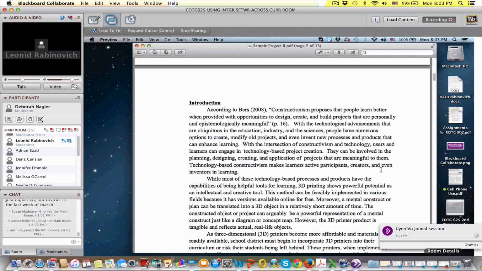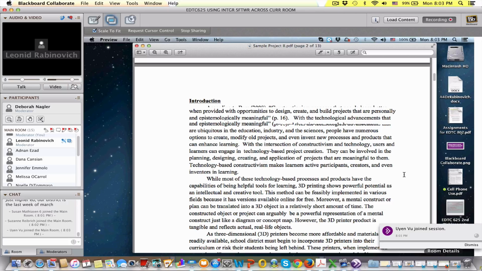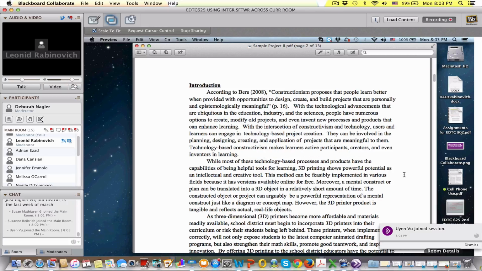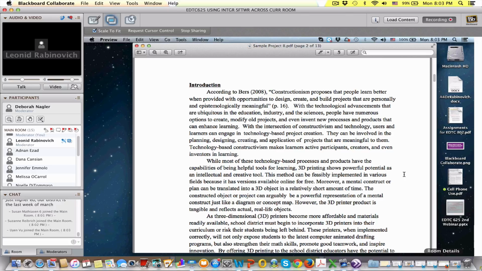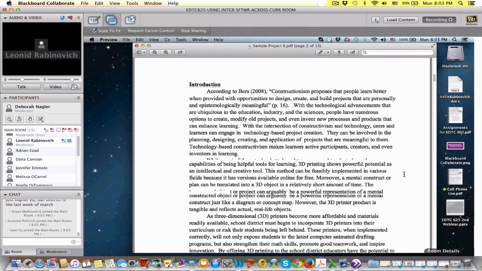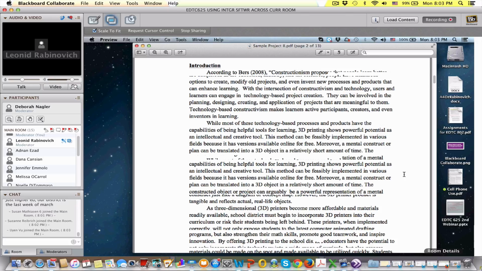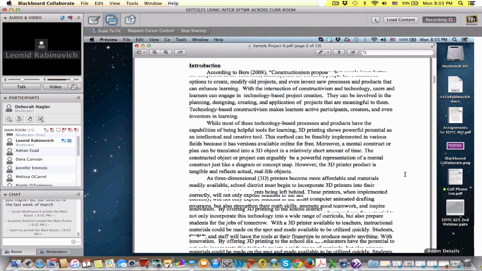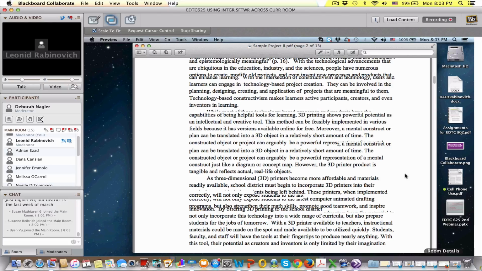I think they did an excellent job by including an introduction here, providing an overview of Papert's ideas on constructionism, and also included in that is the discussion of 3D printing.